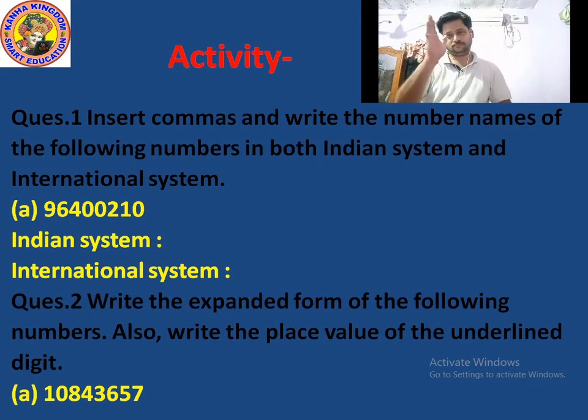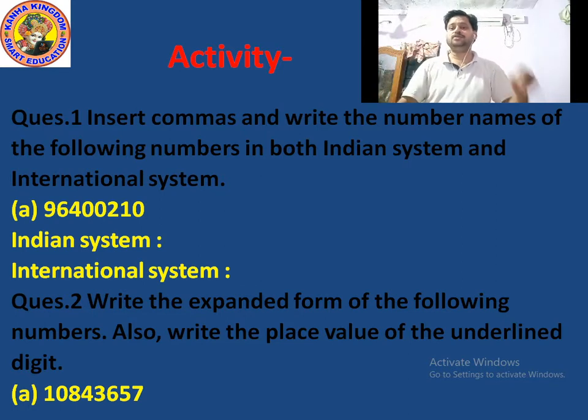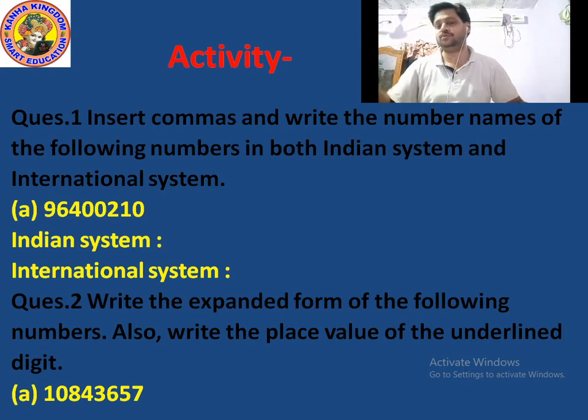And from the left hand side, what do you have to do? What does the question ask you to insert? Now understand what you have to insert. So 9, then insert, then 6 4, then again insert, then 0 0, then again insert, and finally 2 1 0.